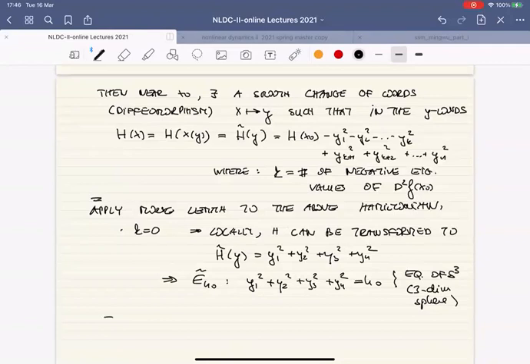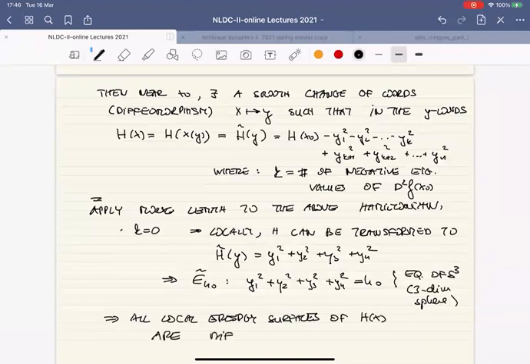So all local energy surfaces of h of x, now in the original one, are diffeomorphic to S3. So at least locally, I know what's going on.